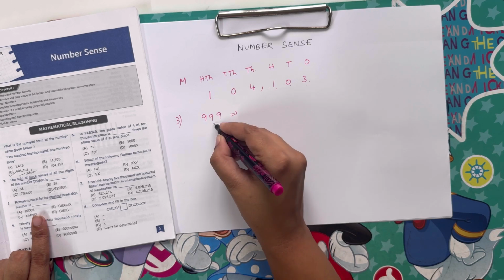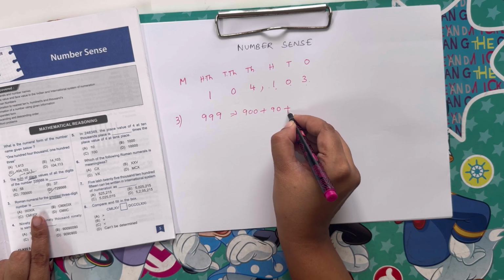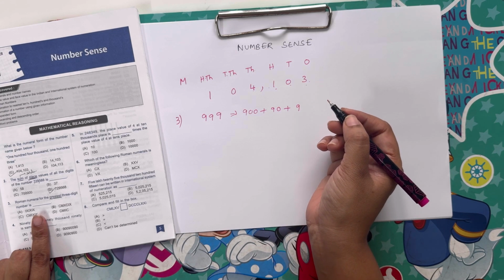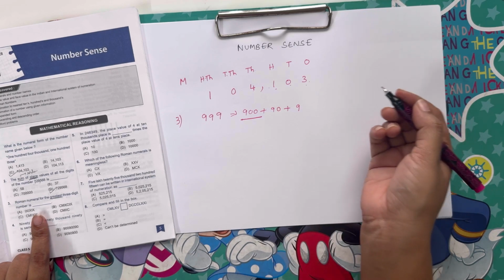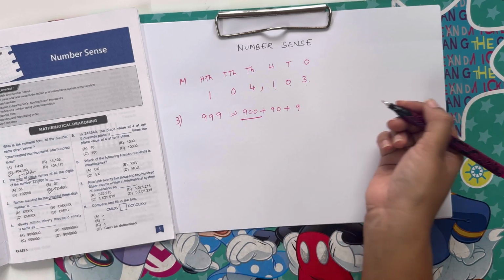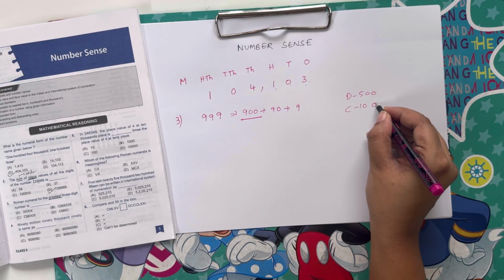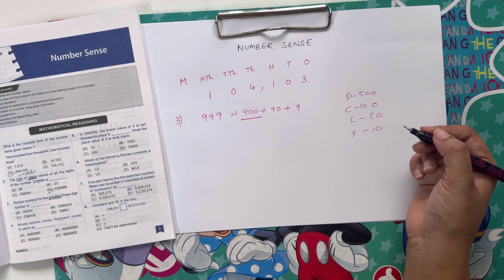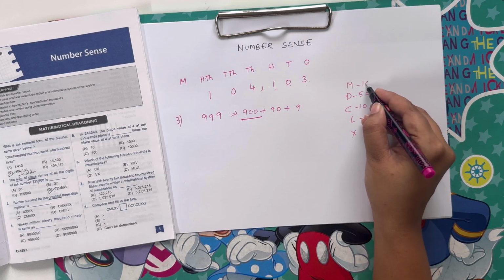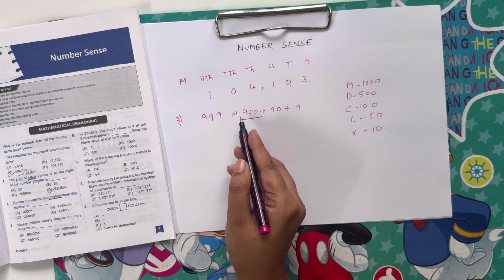So how do we write this in expanded form? 900 plus 90 plus 9. So how do we write 900? D is 500, C is 100, L is 50, X is 10. M means 1,000, right?